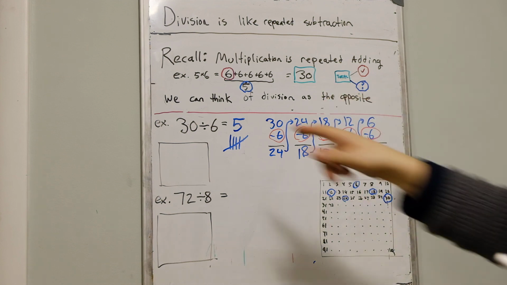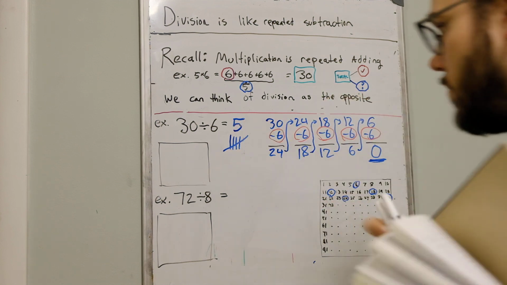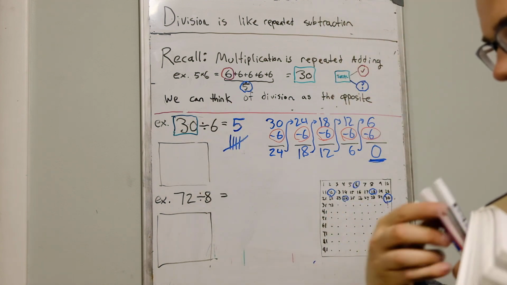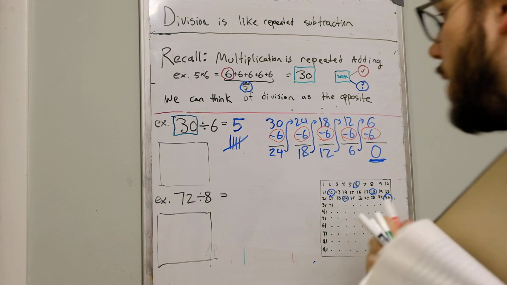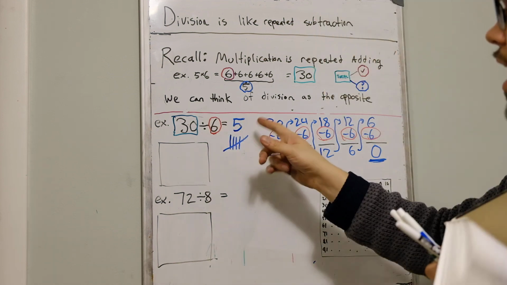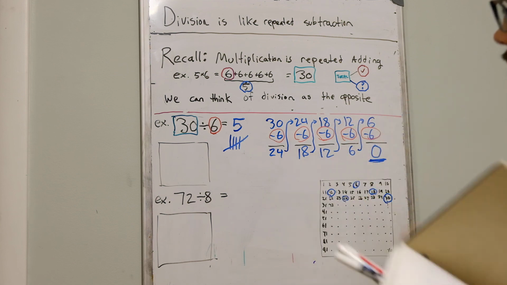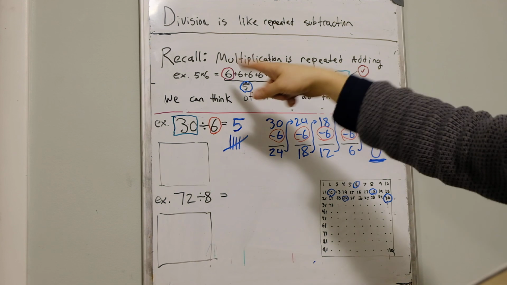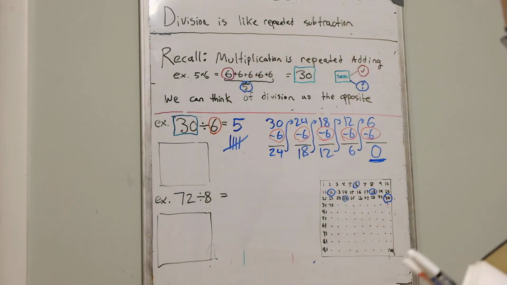So what did we do? We started with a total, and we knew how big our groups were supposed to be. They were supposed to be 6, and we ended up with 5 groups, 5 pieces we could take out of this 30. And these are just related facts. 6 times 5 is 30, so 30 divided by 6 is equal to 5.